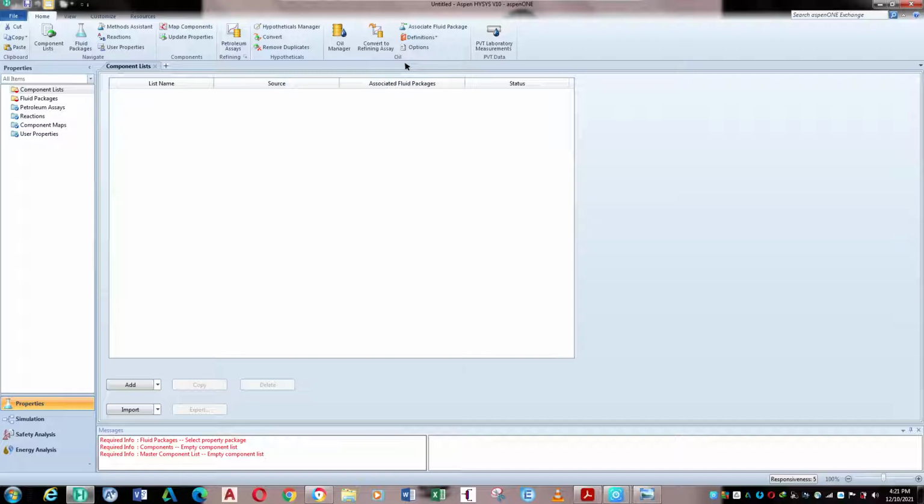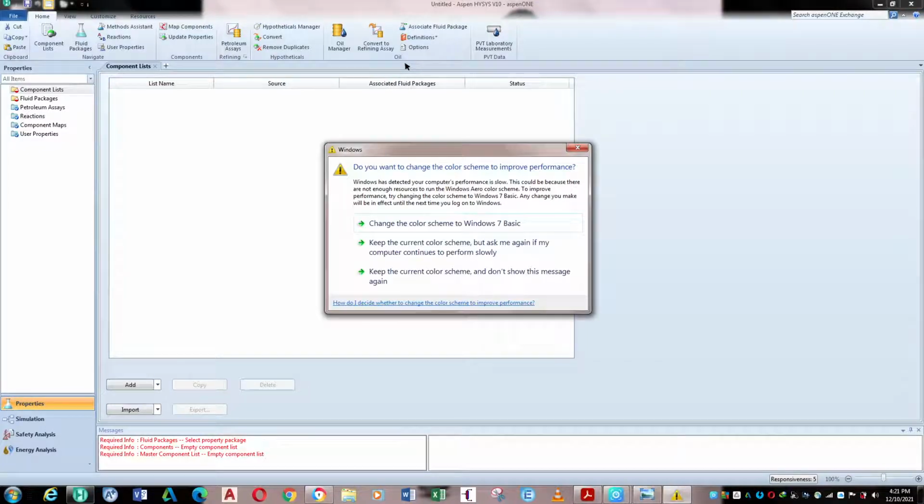So in this case we're going to make use of fuel, which is mainly composed of methane, natural gas with 100% methane, and the air is going to be composed of 79% nitrogen and 21% oxygen.